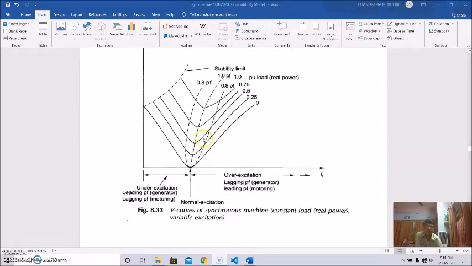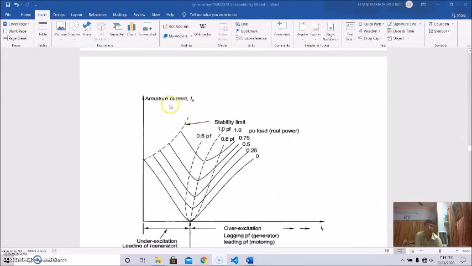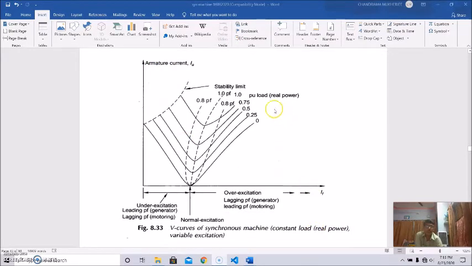It is a family of curves for a synchronous machine at constant real power load and variable excitations. This is armature current versus IF at different per unit loads of real power. This is the under excitation region, that is leading power factor for generators and lagging power factor for motoring machines, and this is the over excitation region, that is lagging power factor for generating machines and leading power factor for motoring machines.